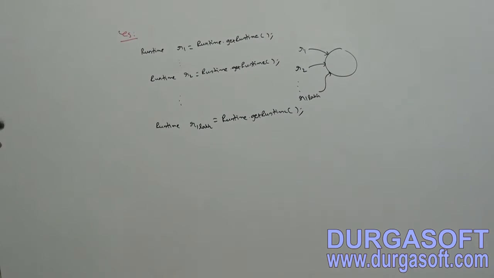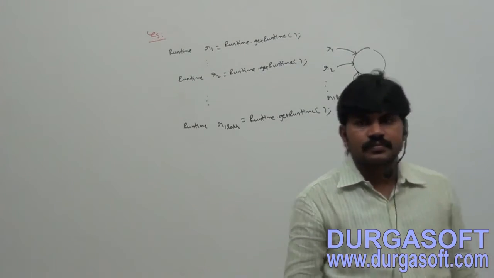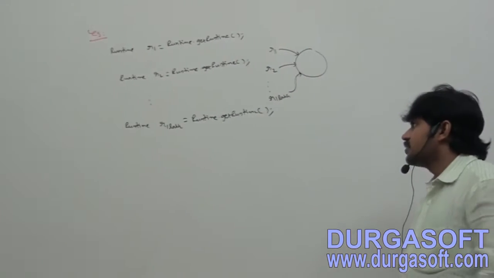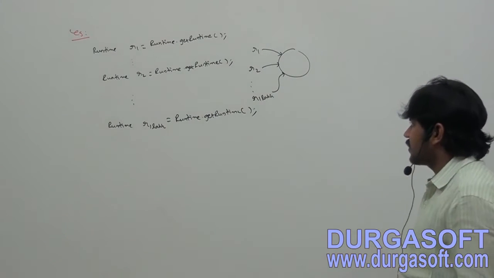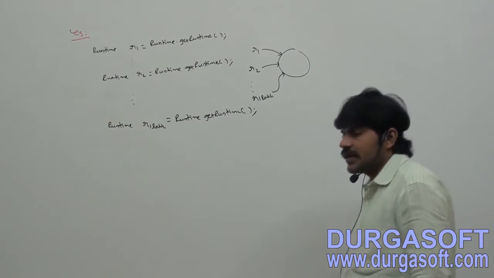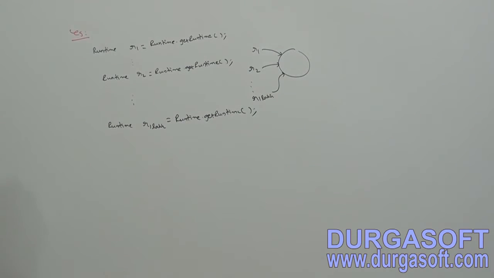Runtime r1 is equal to Runtime.getRuntime(). Runtime r2 is equal to Runtime.getRuntime(). Runtime r1 lakh is equal to Runtime.getRuntime(). Okay, completed, I hope.